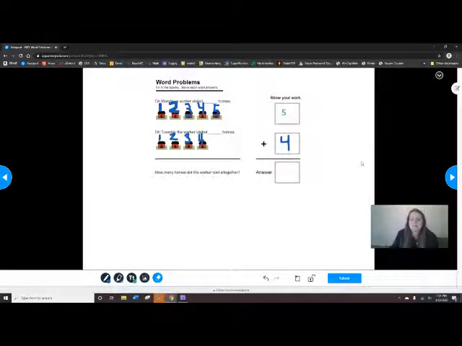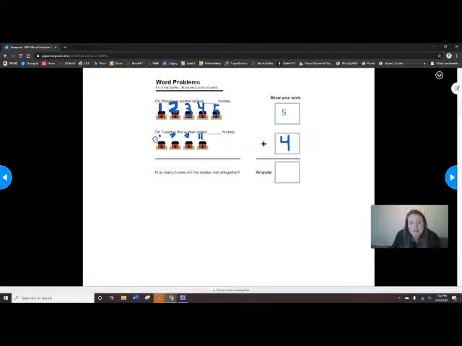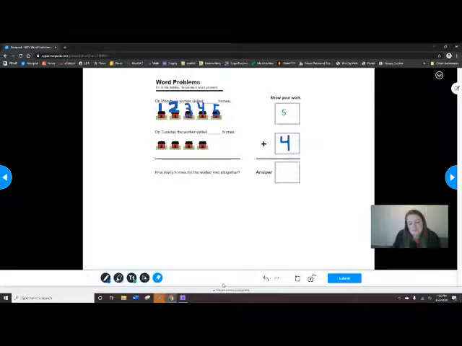So now, your choices here. You can use other items to add up 5 plus 4. You can count on your fingers, or you could just start at the beginning since it's an addition problem and count all the houses together. If you're counting all the houses together, you're not going to want these numbers at the bottom here. Okay?